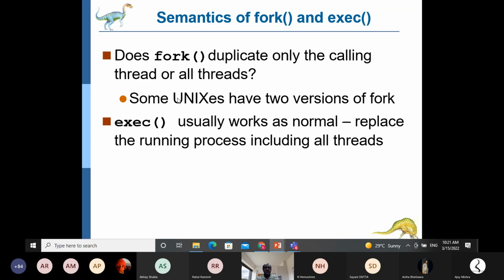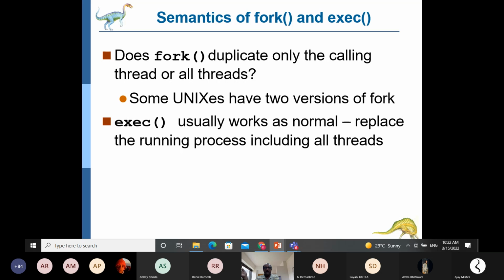Unix systems implement fork in two versions, as I have mentioned. One implementation creates a child that is an exact duplicate of the parent process, with all the threads the parent has, as in a normal fork system call.